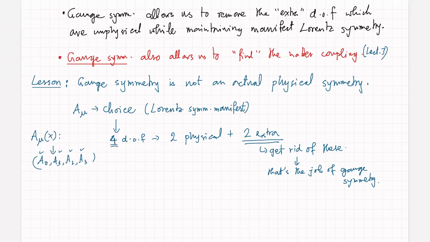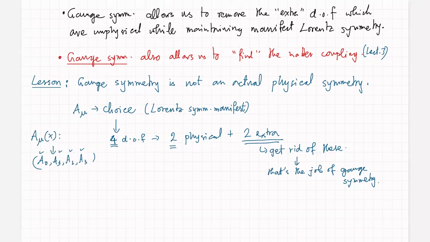Out of those 4, 2 are redundant, because we know that when we actually go on shell, an electromagnetic wave is perfectly described in terms of 2 polarizations. So out of these 4, 2 would be physical. Mind you, these 2 need not be precisely A1 and A2, or A2 and A3.